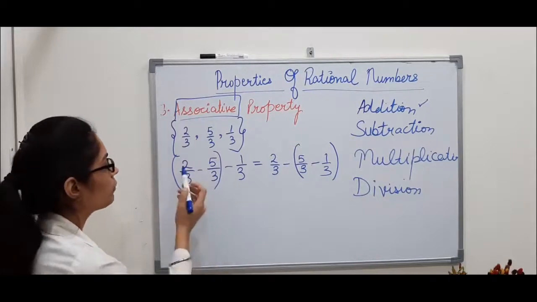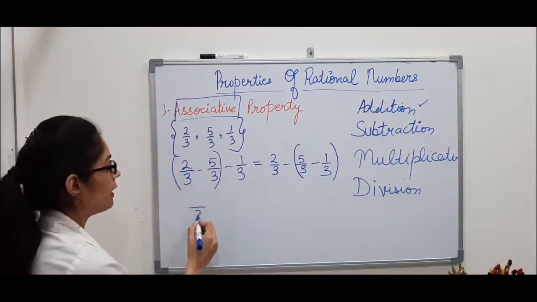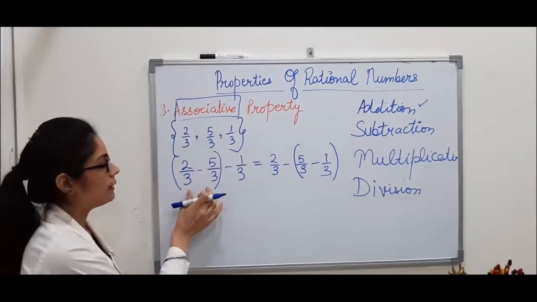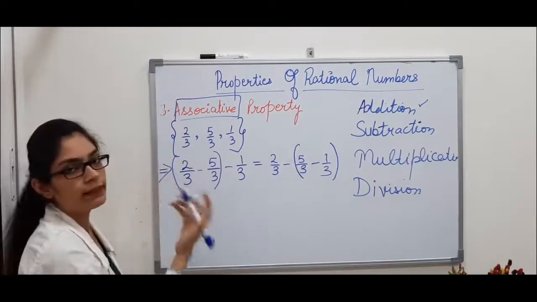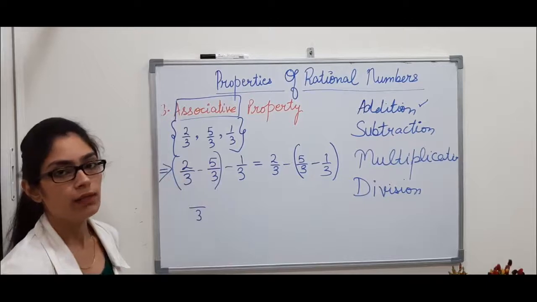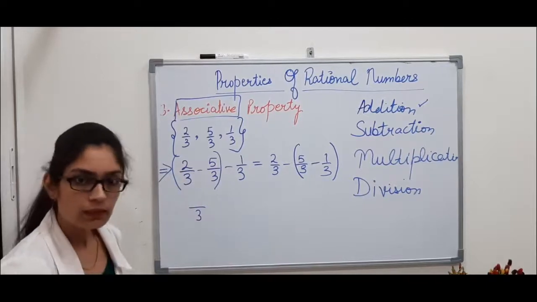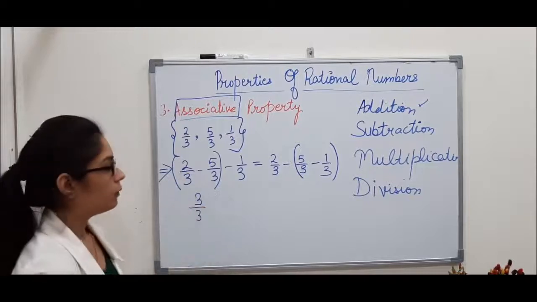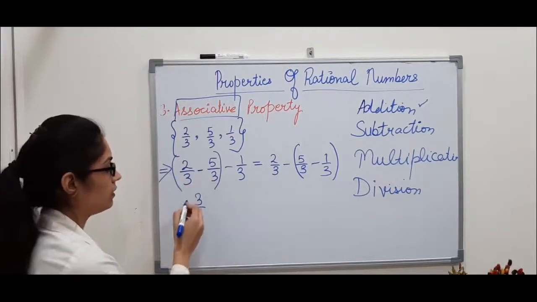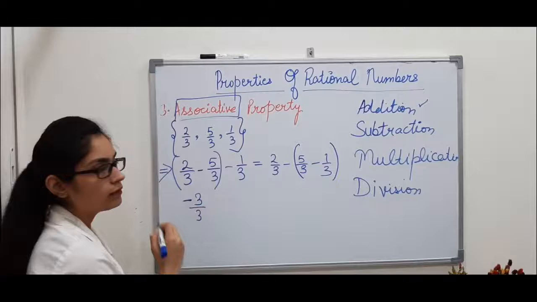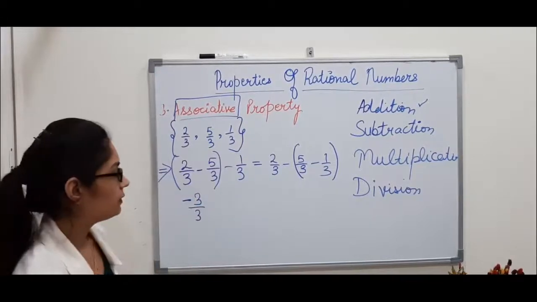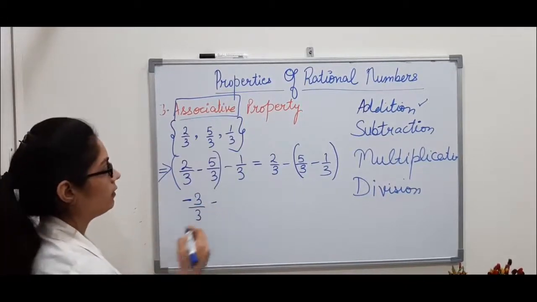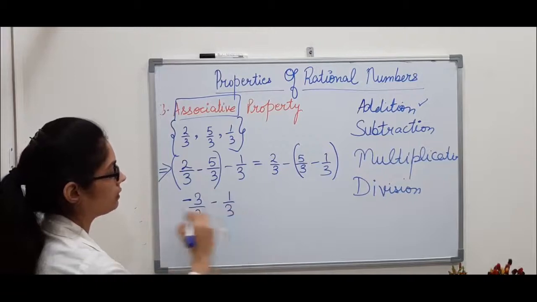So let's start. 3 I will write as it is because the denominator is the same. Now 2 minus 5, minus plus is minus. 5 minus 2 is 3, and the sign is that of the bigger number. With the bigger number the minus sign is there, so my answer will also have a minus sign. Minus 1 by 3 as it is.